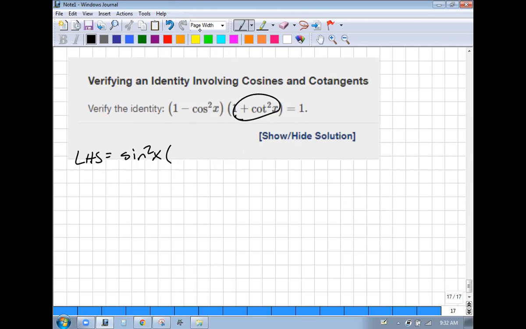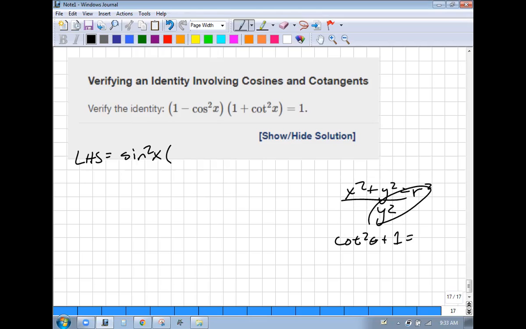I can't ever remember what that one is, so I'm going to do this again. Let's see, cotangent is x over y, right? So x over y. This identity is what? Cotangent squared plus 1 is, what is this? Cosecant squared, right? R over y, yeah. So I'm going to replace this with cosecant squared.